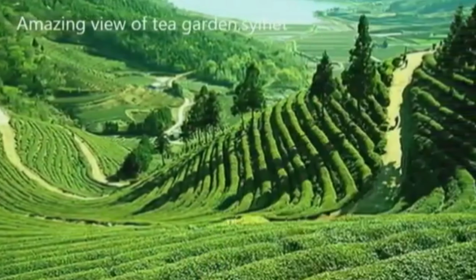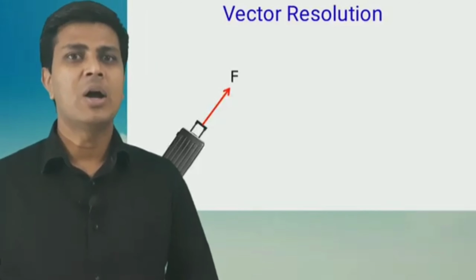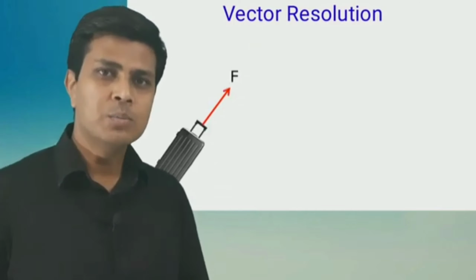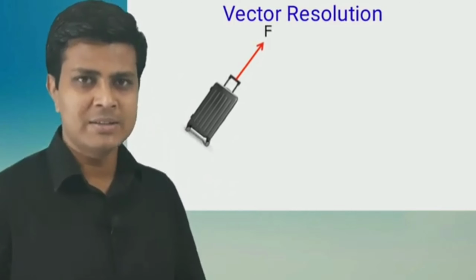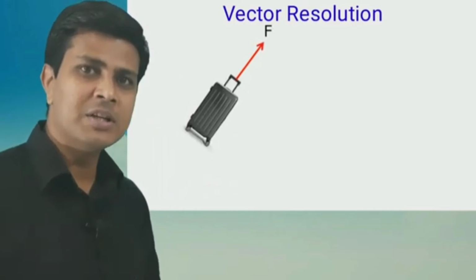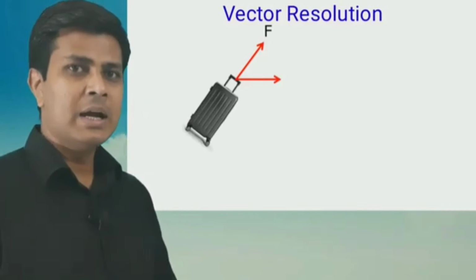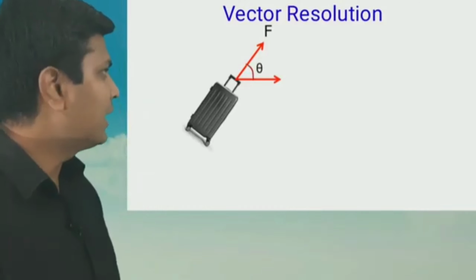Today, I am going to discuss the application of vector resolution. In your previous class, you have already learned what vector resolution is. When you push or pull a suitcase, consider the pulling or pushing force as a kind of vector, and that vector is divided into two.